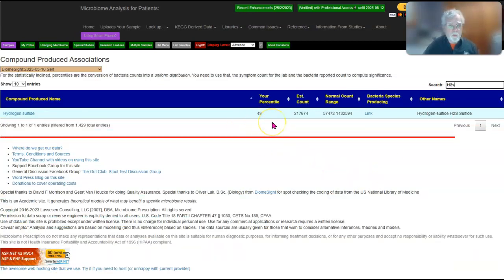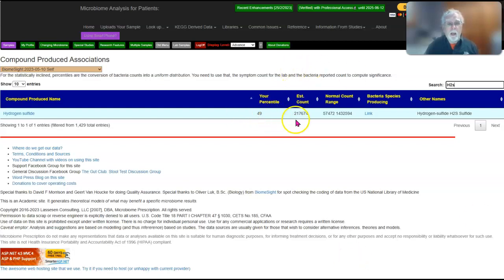It's at the 49th percentile. In other words, half the people have more, half the people have less. And actually, the 50th percentile is probably strongly suspicious of a SIBO issue, simply because the incidence of SIBO, by some studies, is much higher than people suspect.